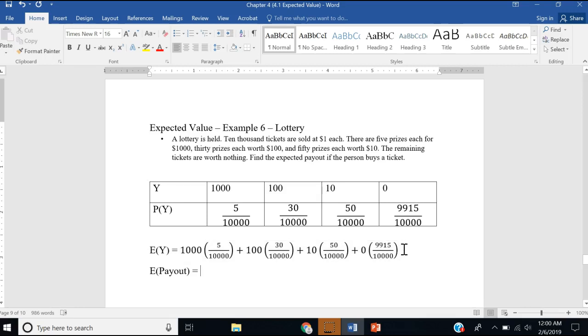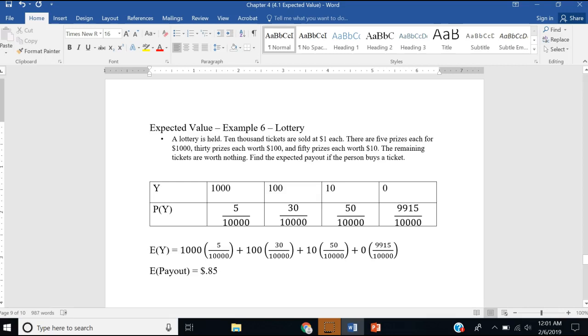But in the end of it, we're going to end up with the expected payout of 0.85. So in other words, 85 cents.